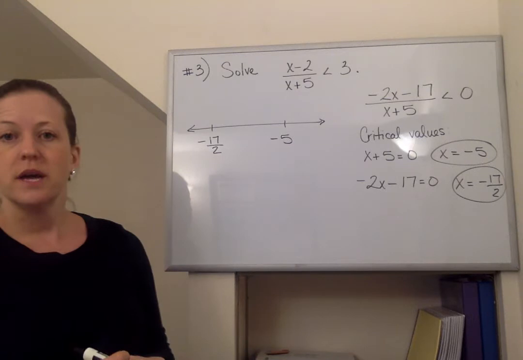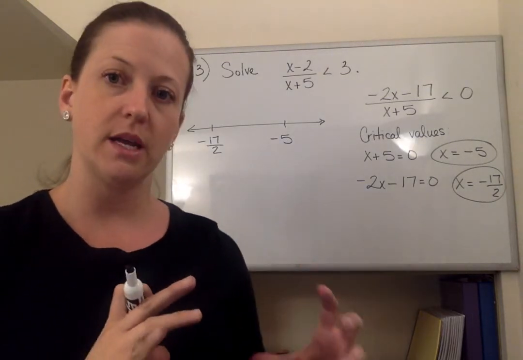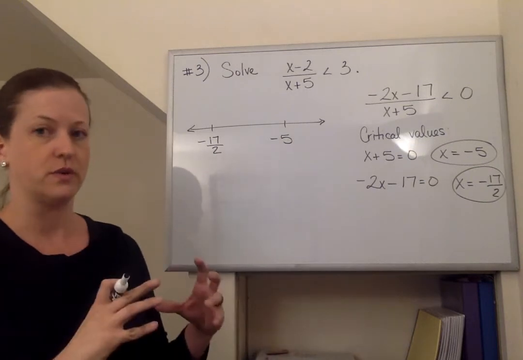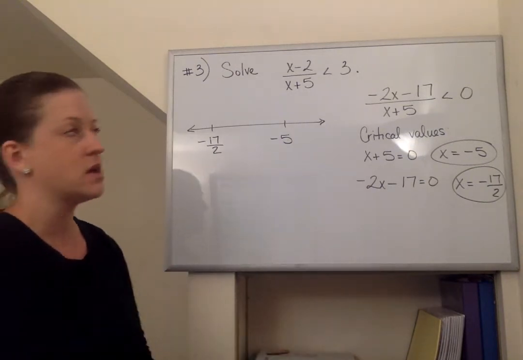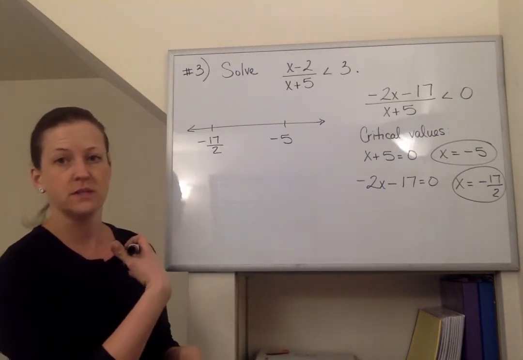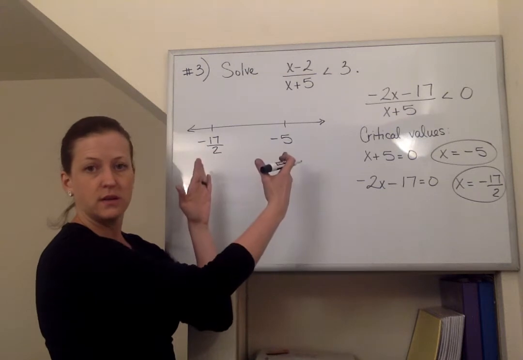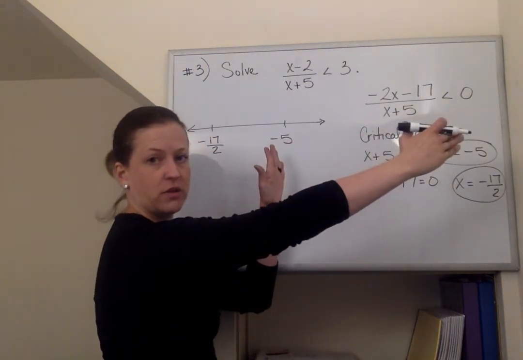Okay? And so what this does is it separates my number line into 3 intervals. It's not always 3, just in this example it's 3. So I have the interval that's less than negative 17 halves, the interval that's between negative 17 halves and negative 5, and the interval that's greater than negative 5.